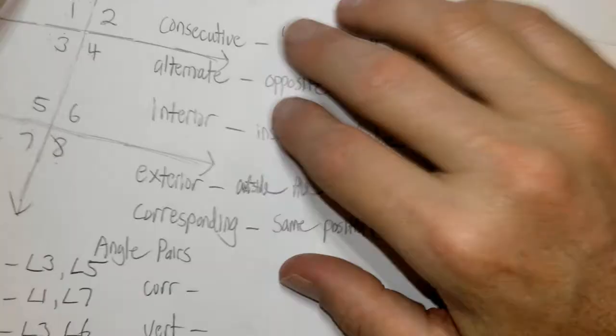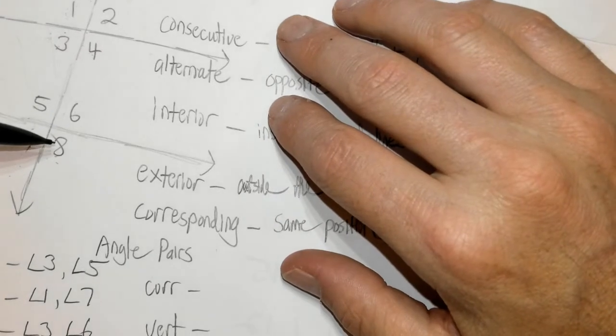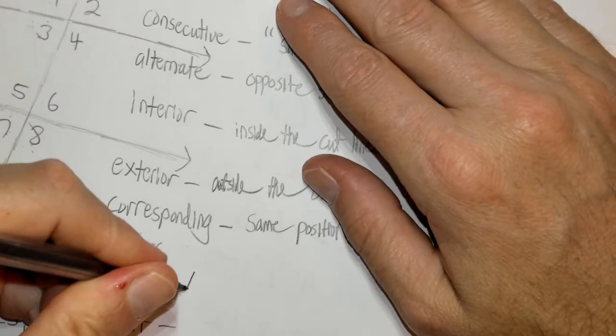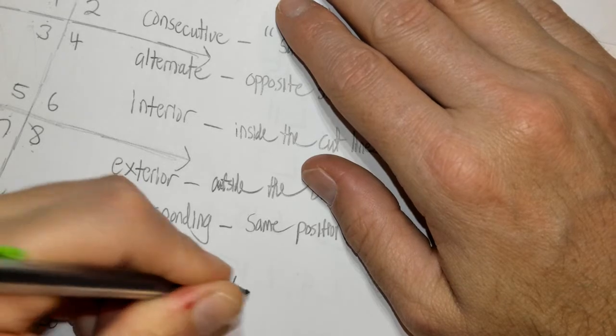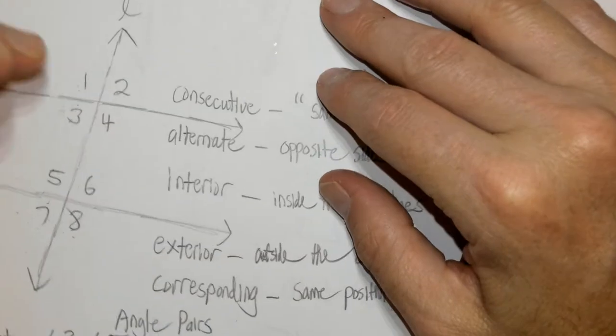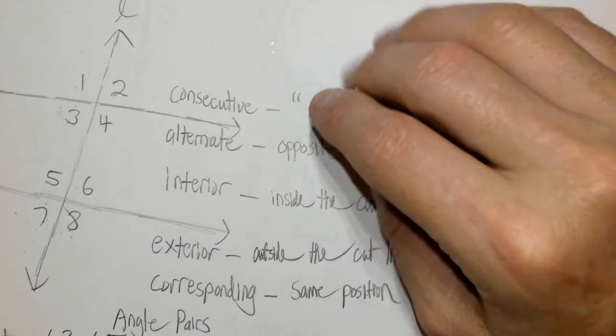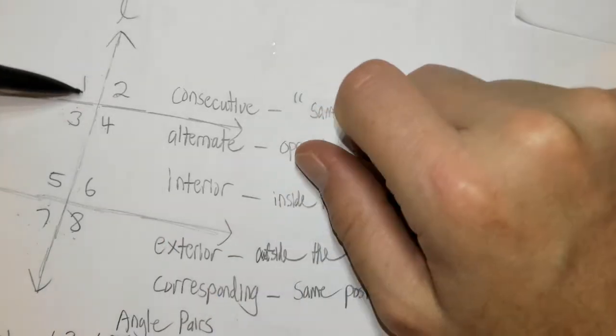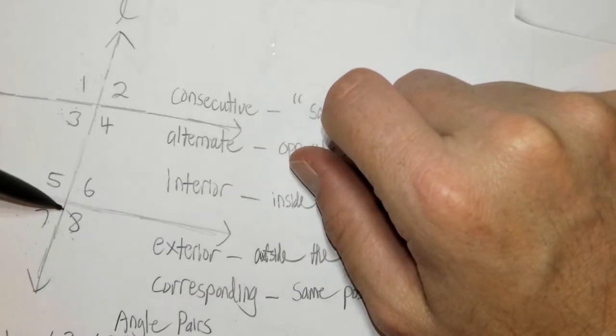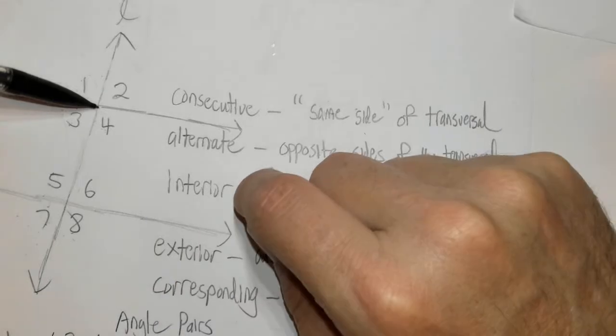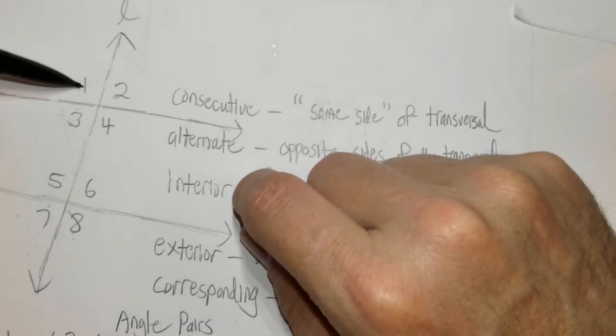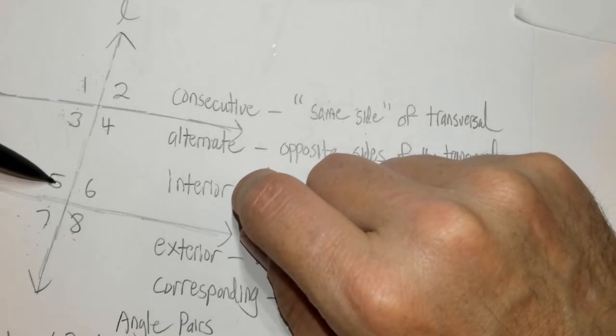They've got to be in the same position. For example, angle 1 and angle 5 are considered corresponding angles because they're in the same position with respect to both intersections. Angle 1 is up and to the left. Angle 5 is also up and to the left.